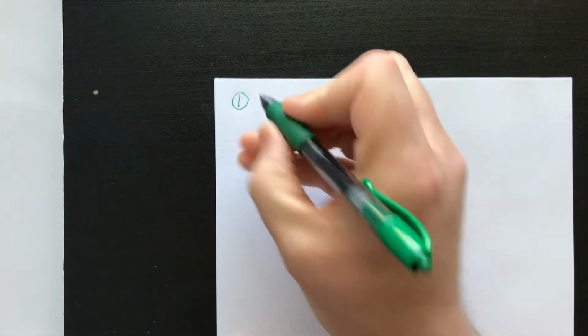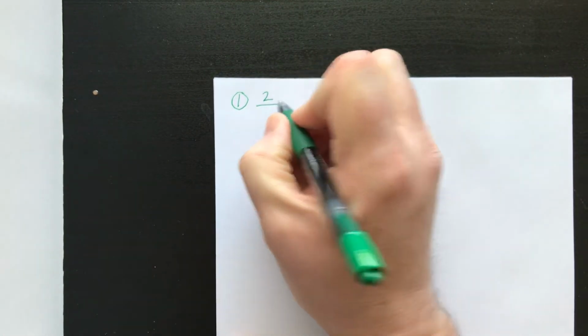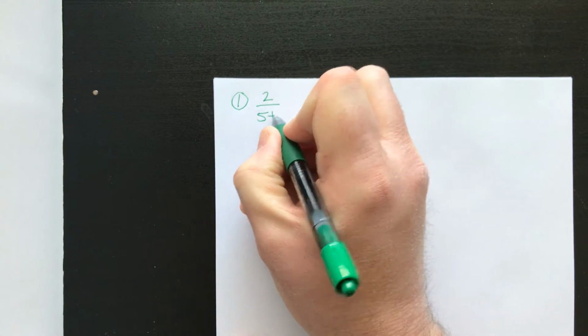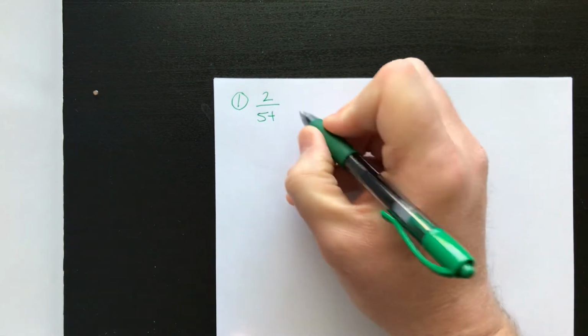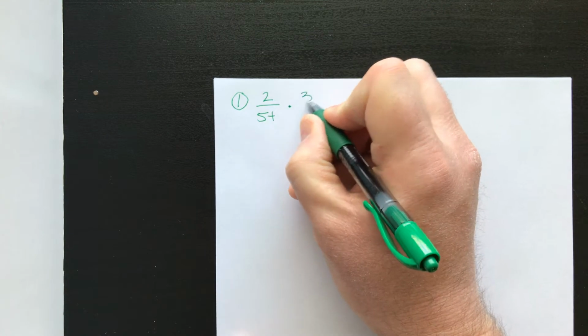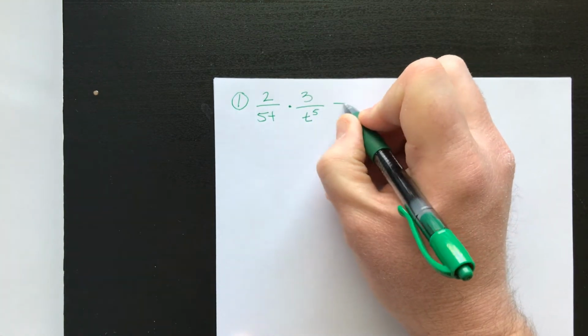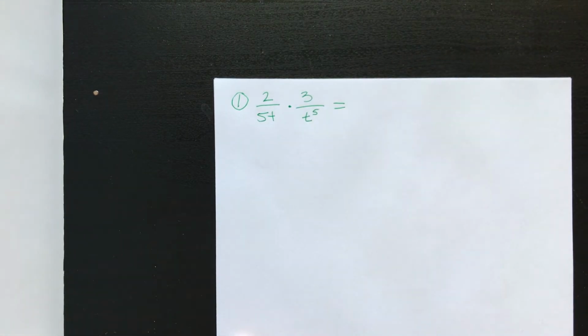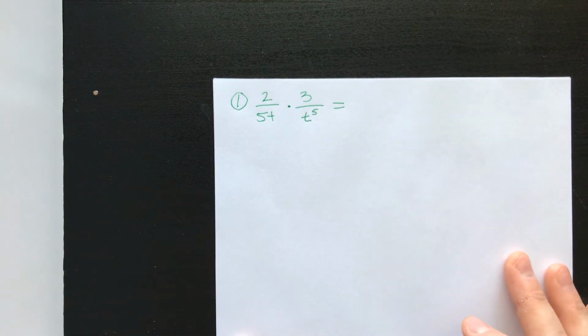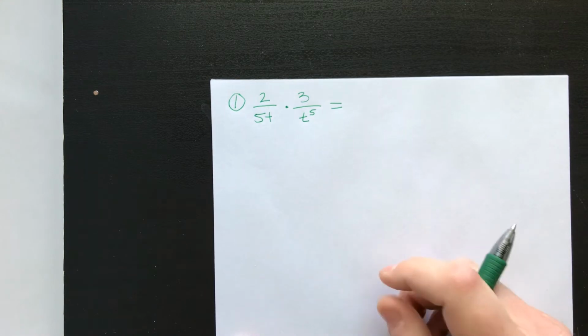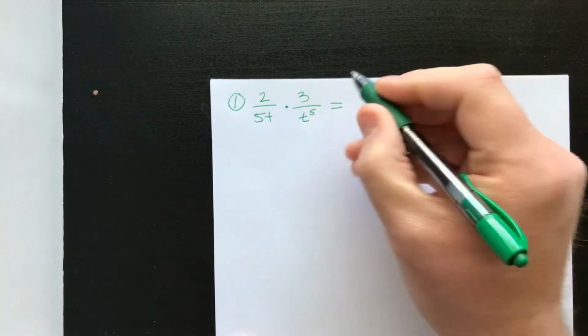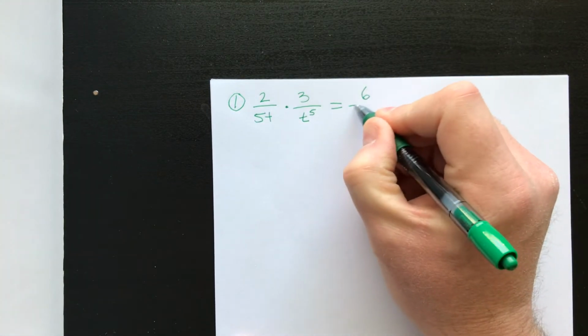All right, so problem number 1, we have 2 over 5t times 3 over t to the 5th. Now, remember, with multiplication, we're always multiplying straight across. So we go 2 times 3, which is 6.